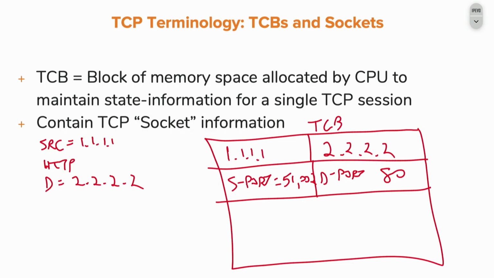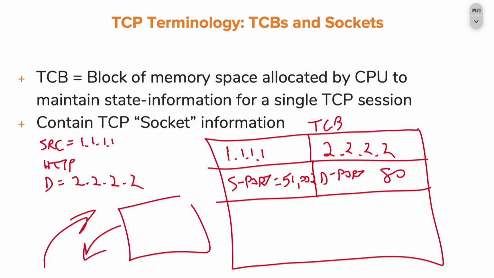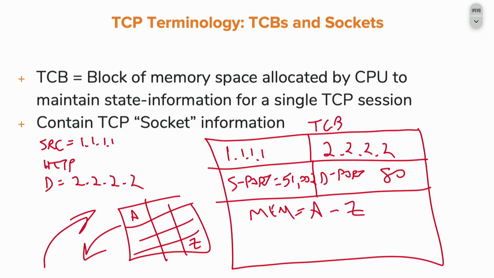As data is coming in and going out, that data is going to be stored in memory. Maybe for this particular session, memory cell location A all the way through memory cell location Z is where all that memory is going to be stored. So that's also going to be here in this transmission control block. We'll just say memory location A through Z.